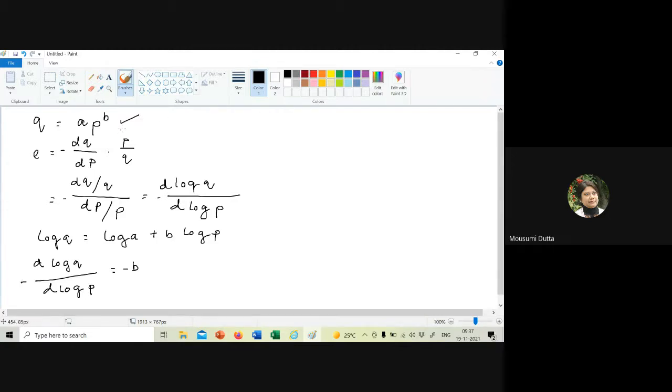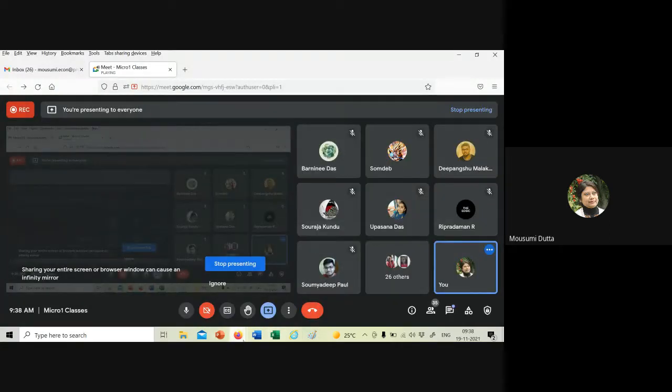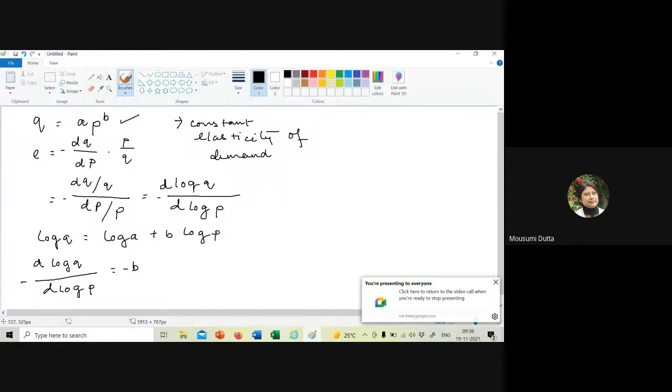So for this kind of curve or equation, Q is equal to A P to the power B, we can easily derive the value of the elasticity if the equation is in product form using the logarithmic version of the equation.